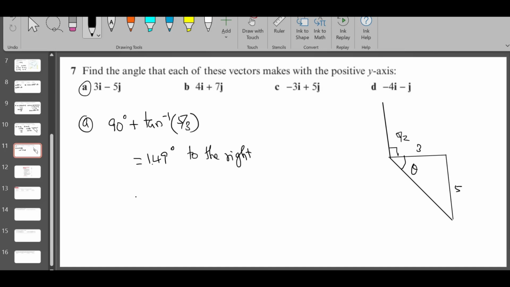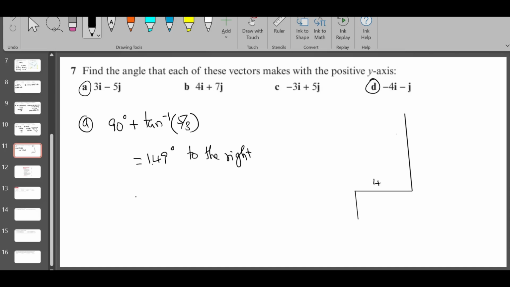Let's take one more, D. That's minus 4i minus j. Okay, let's say our y-axis is here. It's minus 4i, minus j. This is 1. We are talking about this vector. So to find the angle, you have 90 degrees here plus this theta.